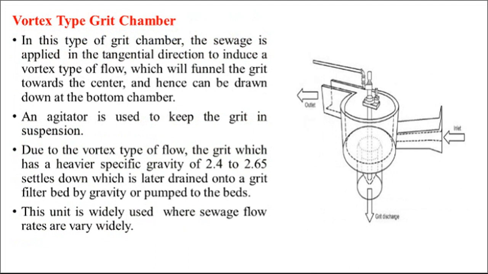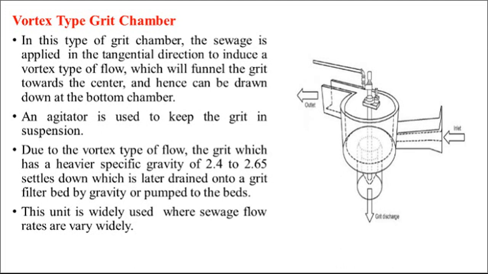Next, the vortex type of grit chamber. In this type of grit chamber, the sewage is applied in the tangential direction to induce a vortex type of flow, which will funnel the grit towards the center so that it can be drawn down at the bottom of the chamber. An agitator is used to keep the organic matter in suspension.